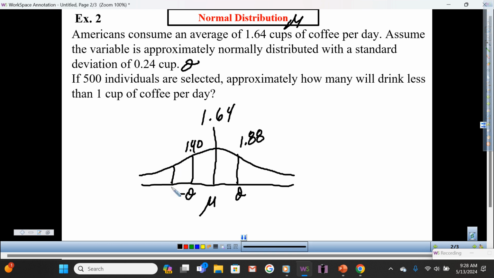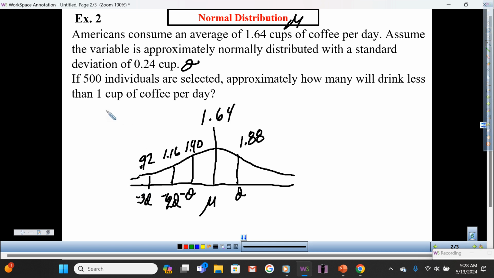About two standard deviations below? 1.16. About three standard deviations below? 0.92. Okay, now notice that I went three standard deviations over here to the negative side.